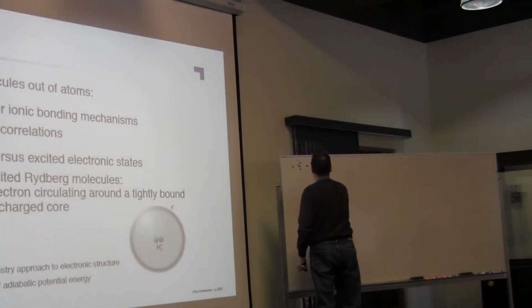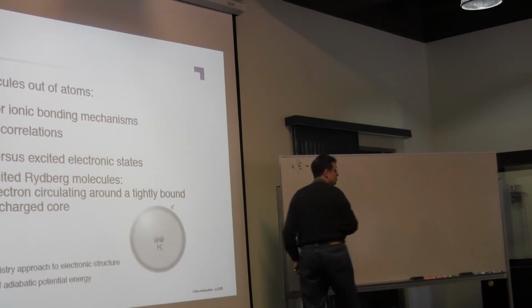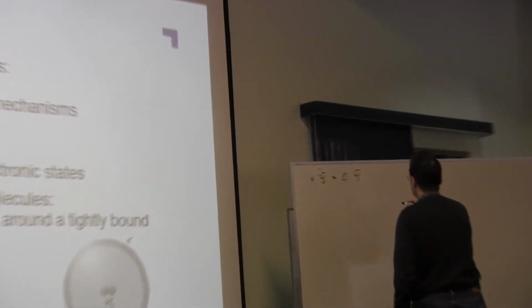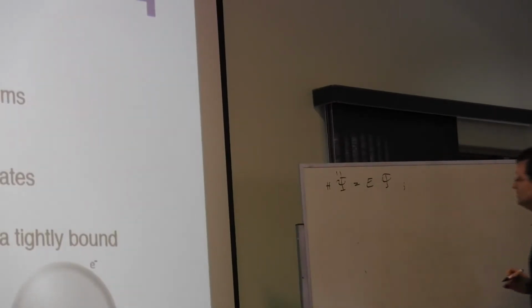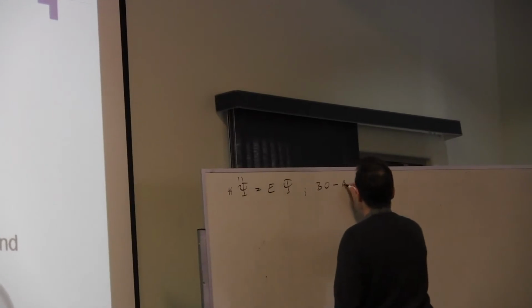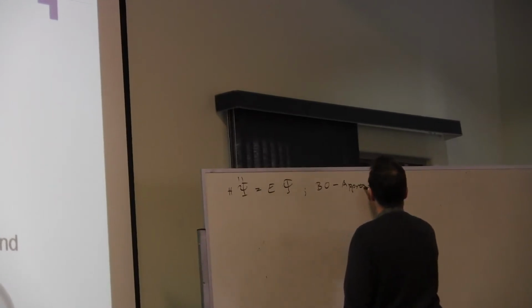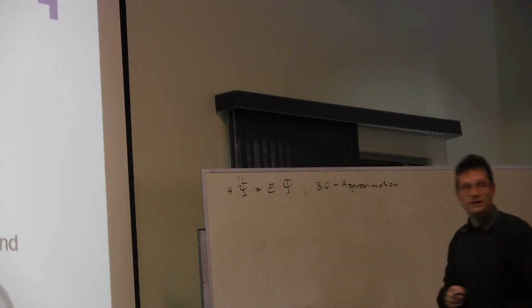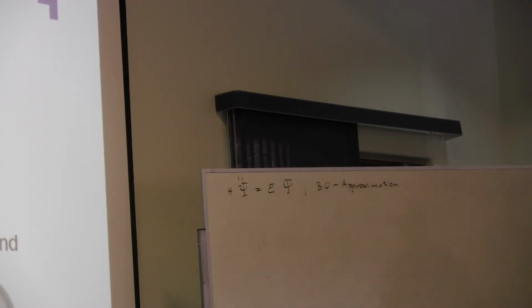The Schrödinger equation I write down here for the total system. That includes electrons and nuclei. What we do, and that has been nicely described by Frederick, we do a Born-Oppenheimer approximation in molecular physics. And the Born-Oppenheimer approximation is based on the fact that you separate the electronic and the nuclear motion.